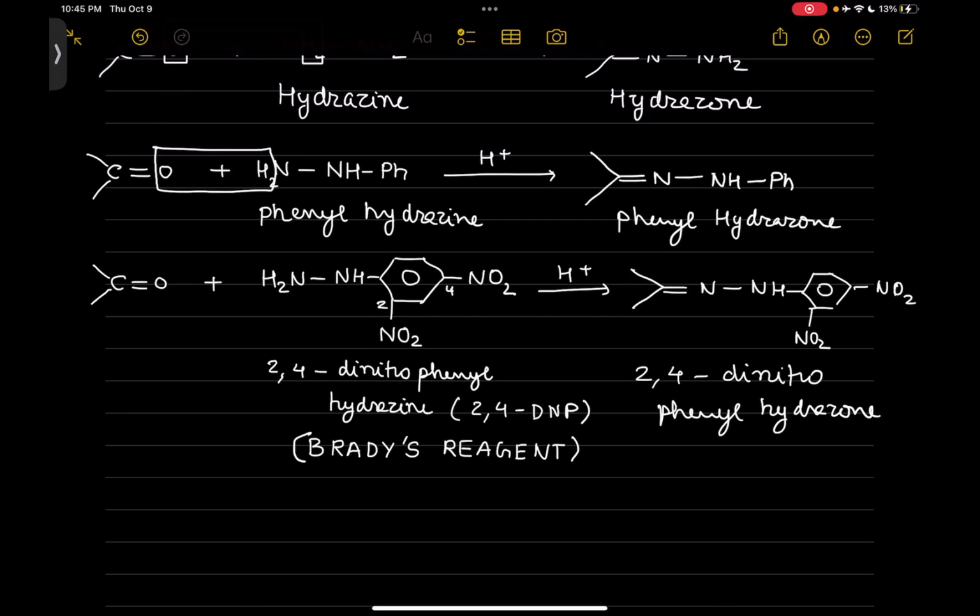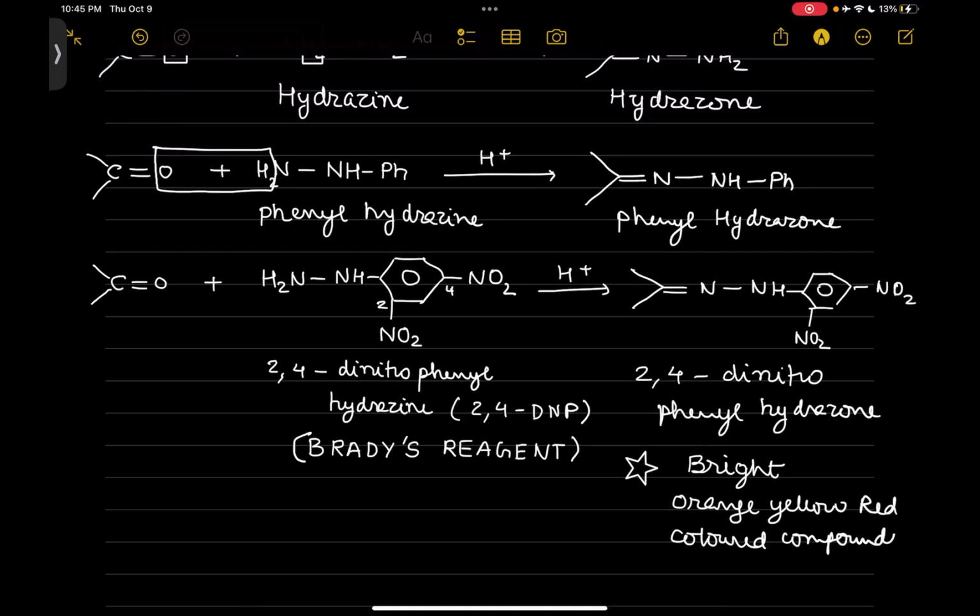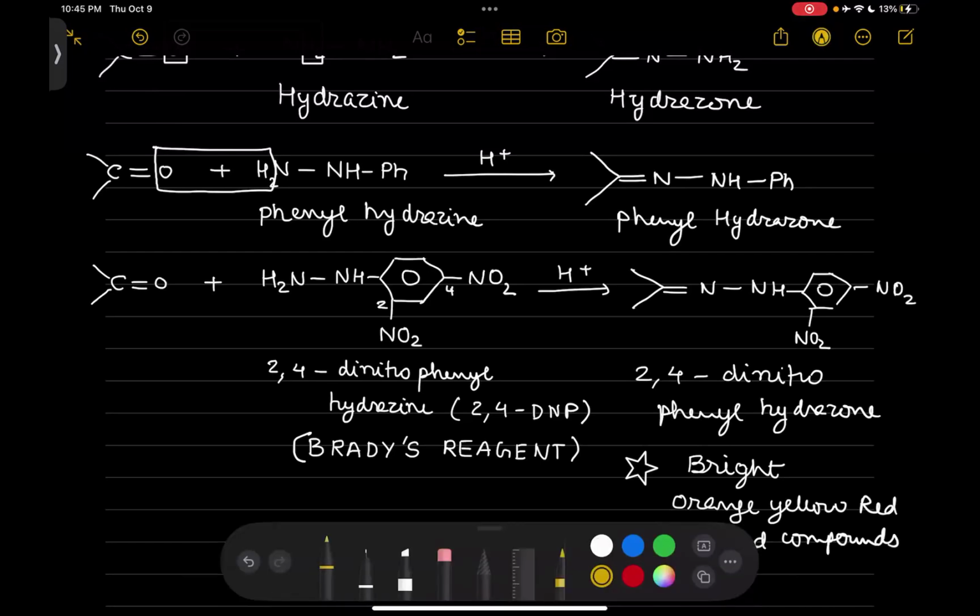And why is this the star of this whole series of reaction? Because these compounds are bright. And where do they find their application?